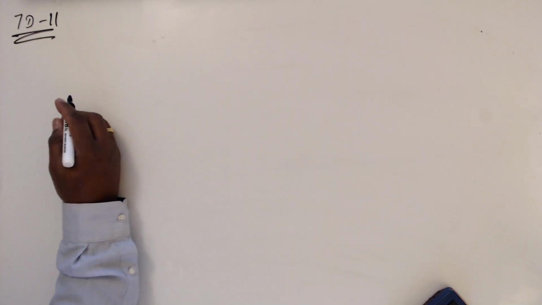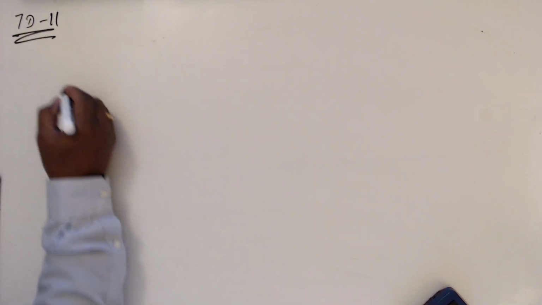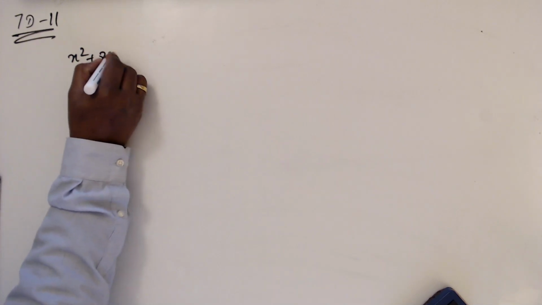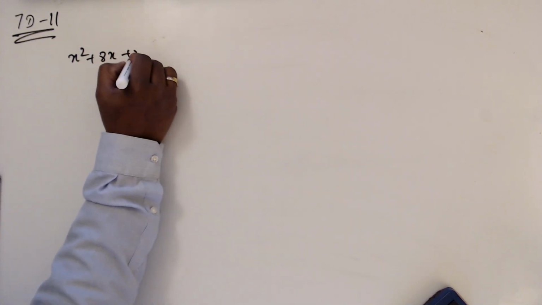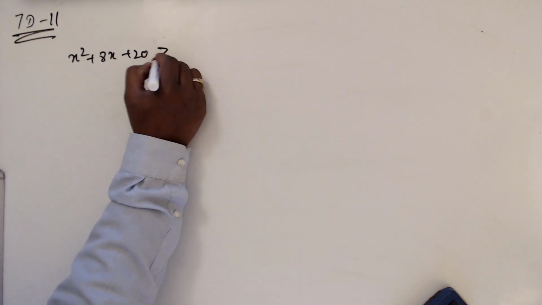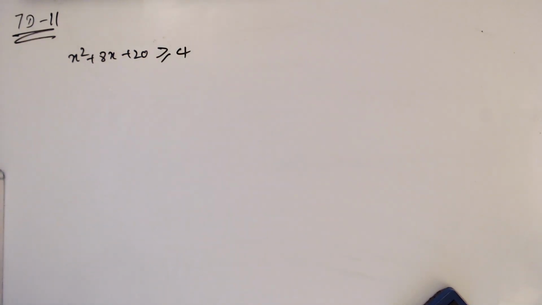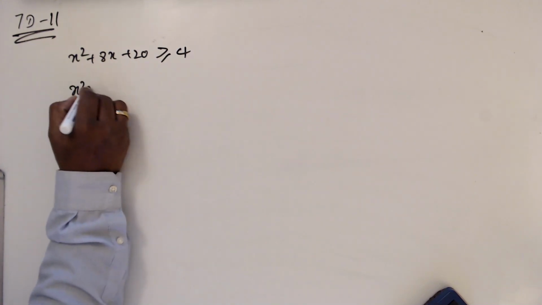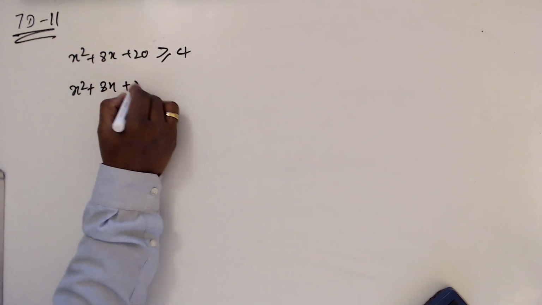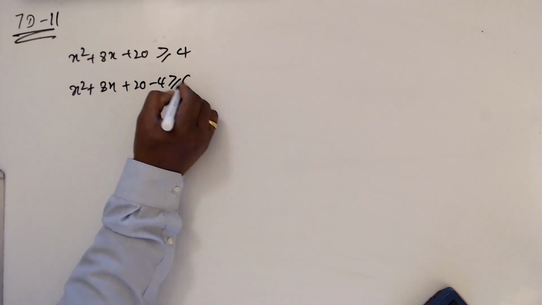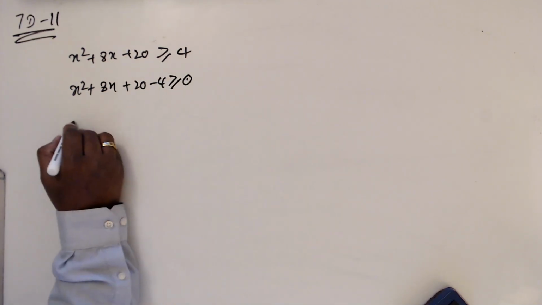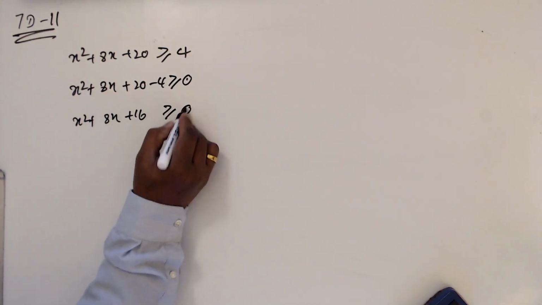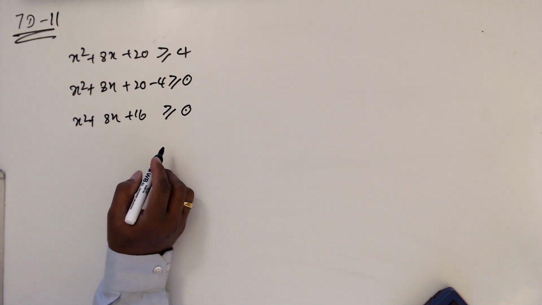Question number 11, the same type of question. We want to show that x squared plus 8x plus 20 is greater than or equal to 4. So x squared plus 8x plus 20 minus 4 is greater than or equal to 0. X squared plus 8x plus 16 is greater than or equal to 0.